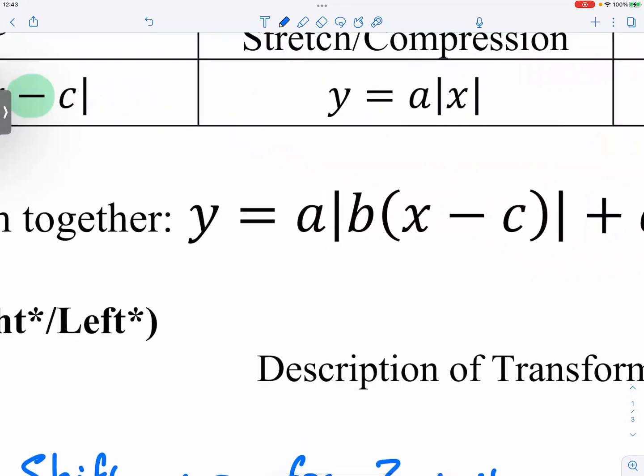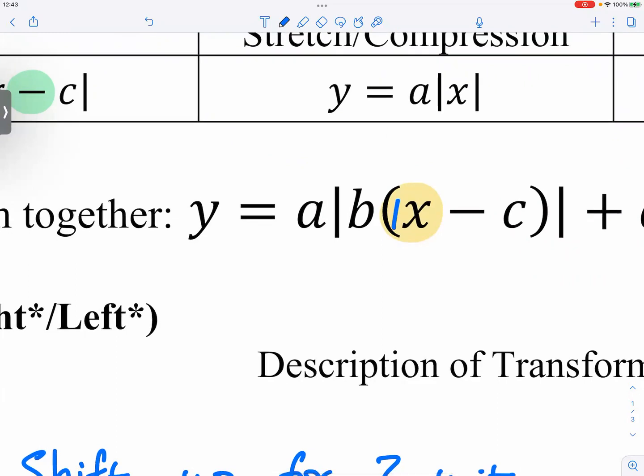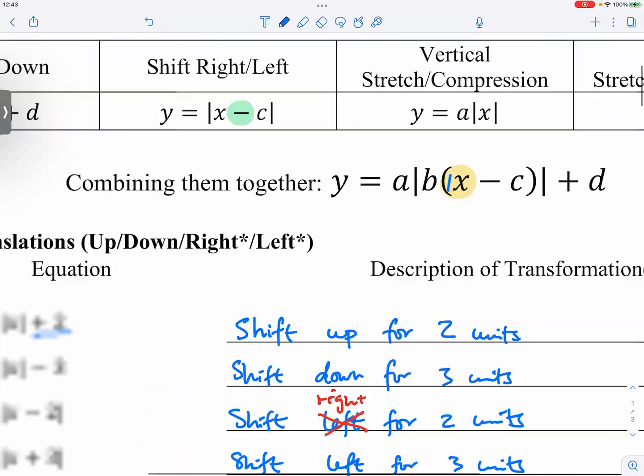I want you to know one thing, and you may want to go back up at the very top of the page and highlight or write down this: there should always be a 1 in front of x. There should be a coefficient 1, which we don't show all the time. And if that number is not 1, which is the case of number 16, do something.